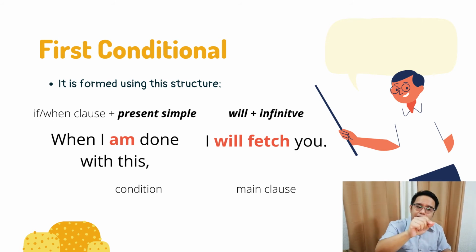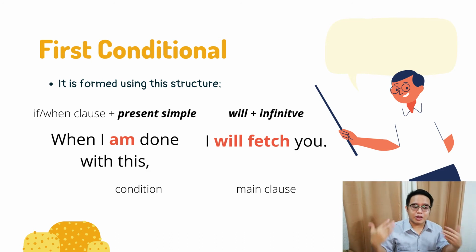So, I will, then the basic form of the verb, the bare form of the verb, which is fetch. Not fetches, not fetched, past tense, but only fetch. That's the basic form of the verb. Okay? So the sentence goes, when I am done with this, the condition, the main clause, I will fetch you.